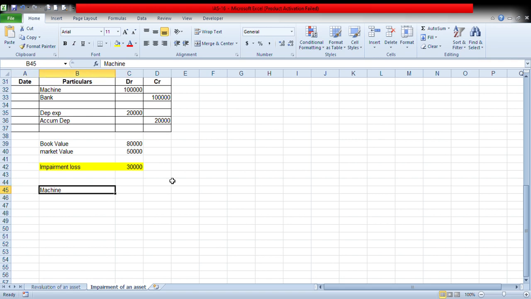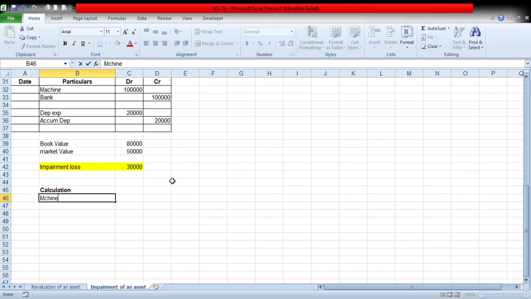Let me write the calculation. So ladies and gentlemen, the machine is going to be 50,000. Take this. Market value is now 50,000. Less accumulated depreciation, which is 20,000.